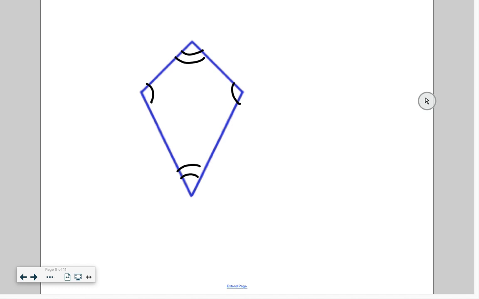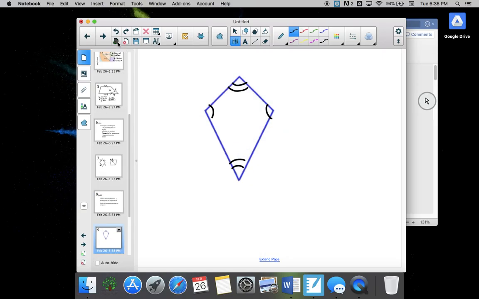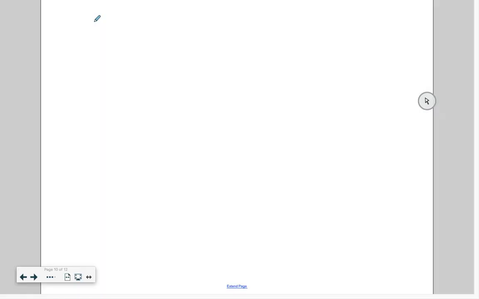Alrighty then. So now, let's look at the formula for finding the area of a kite and a rhombus. The formula is the same for both. Area is equal to 1/2 times diagonal 1 times diagonal 2.